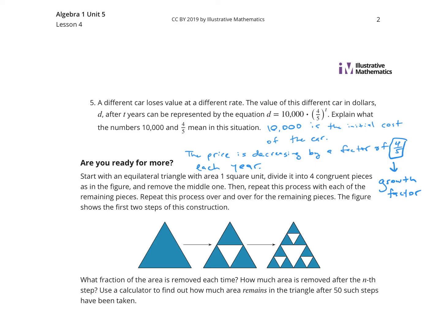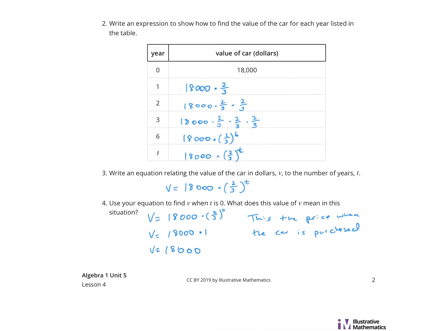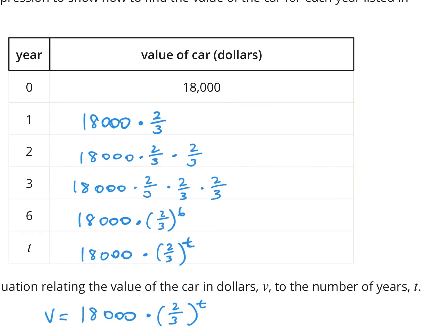Now, some other things to keep in mind, especially with this table problem, to remember that we're multiplying by 2/3. You could potentially write this as subtraction, right? So I'm going to change my color here. You could write this as 18,000 minus 1/3 times 18,000. And that will essentially get you the same value.